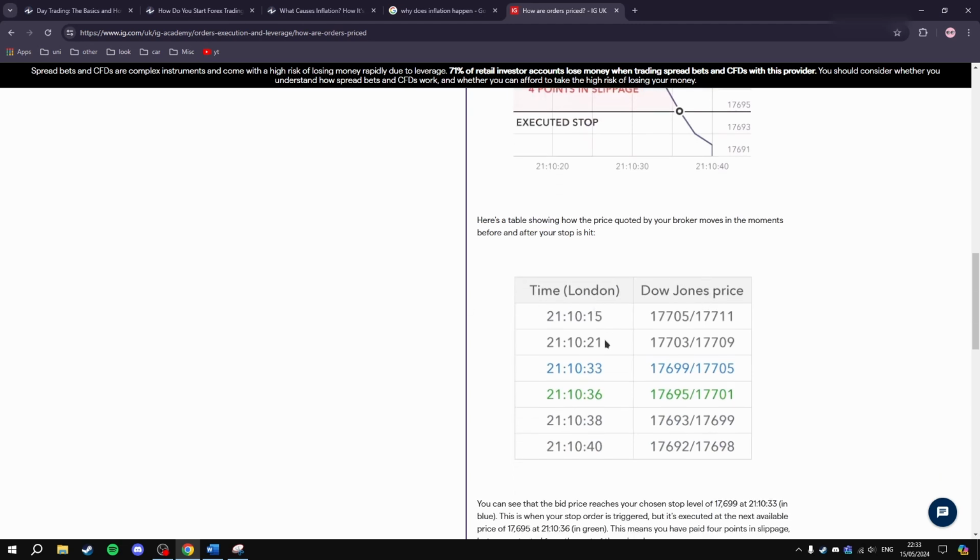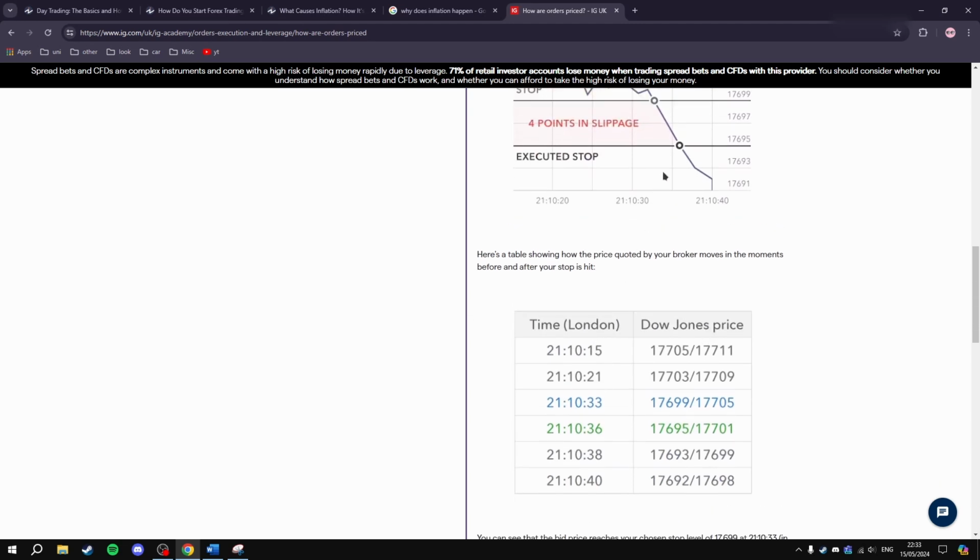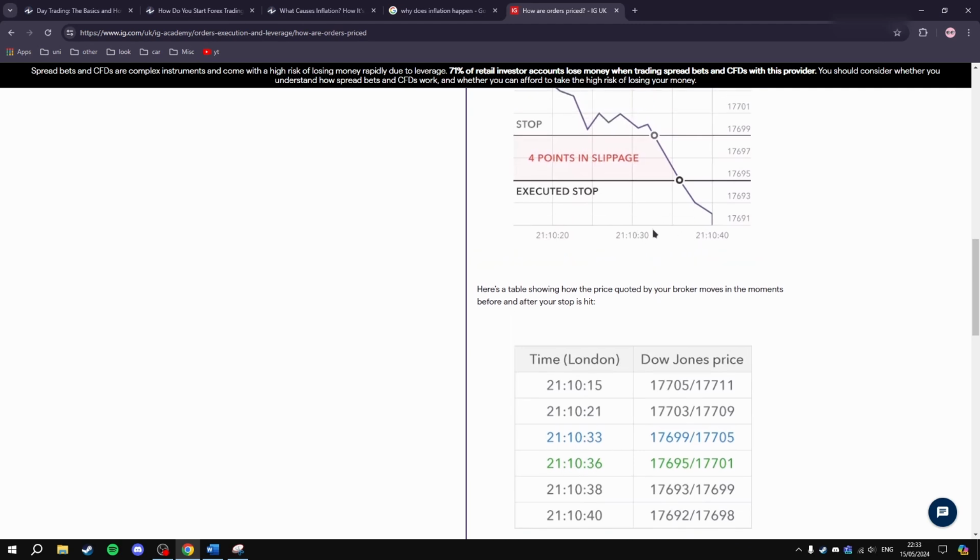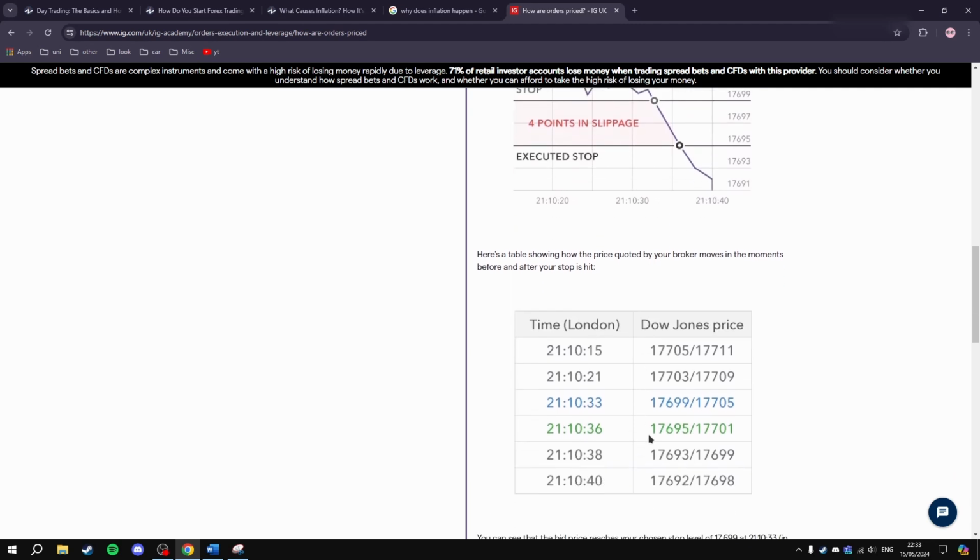So time, London, 21:10:33. That's somewhere about here. 21:10:36. So it's these times that are important between what occurred here and here. Dow Jones price, 21:10:33, 21:10:36.